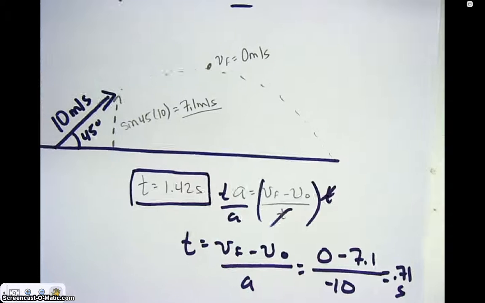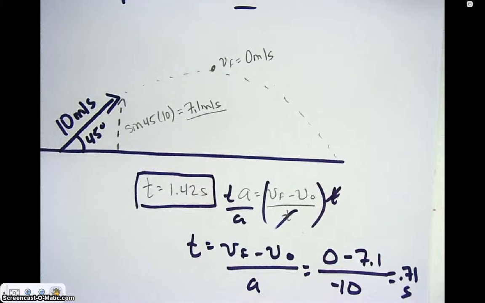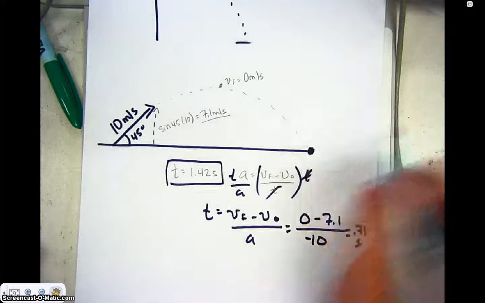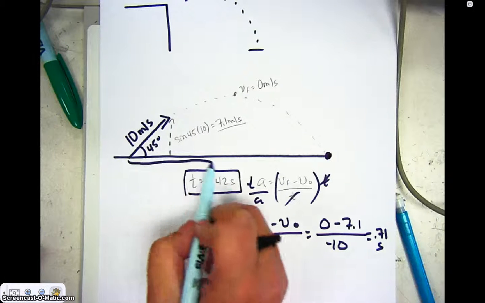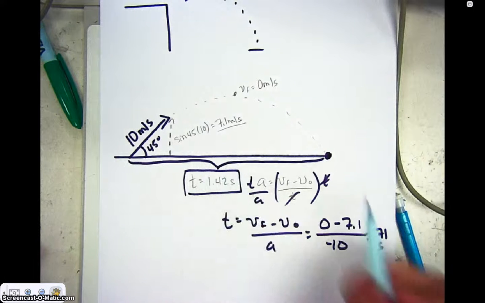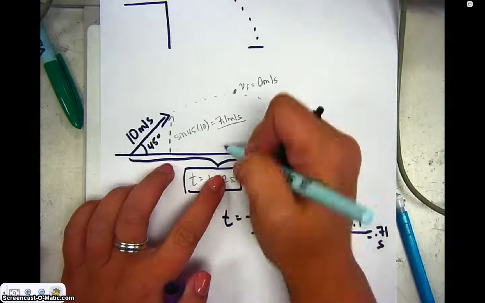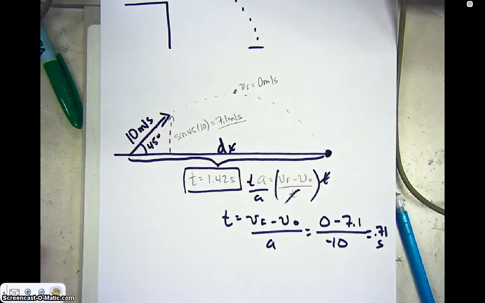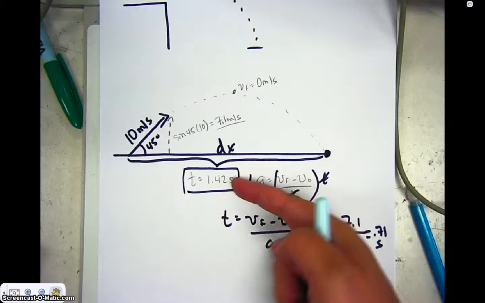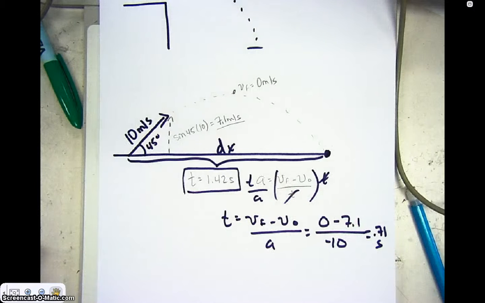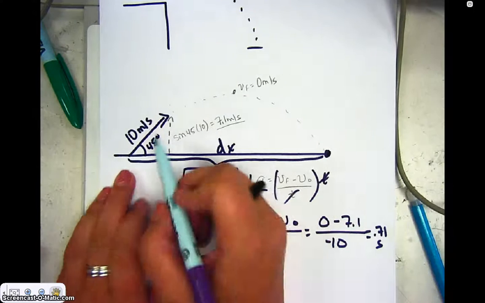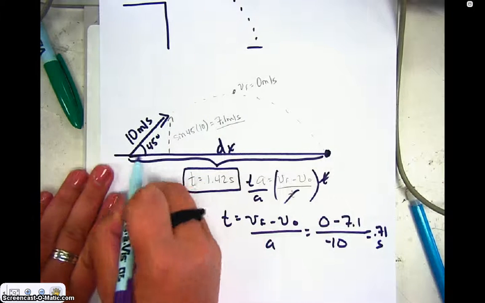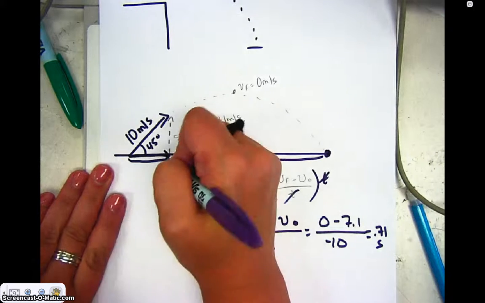So if I want to know how far away this projectile lands, well, what is that? That's actually my displacement in the x direction. So now I'm dealing with x's, but I know that my time should be the same for both. If I launch something up at an angle, it's going to have an x component of velocity right here.